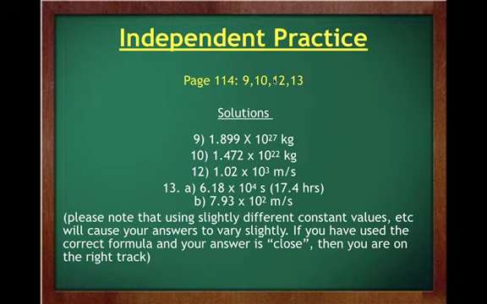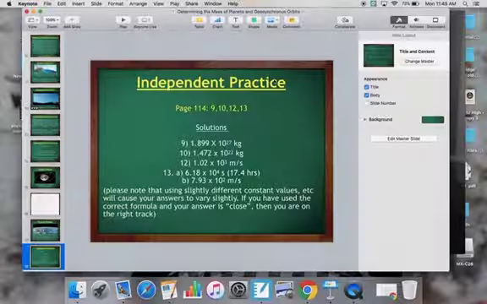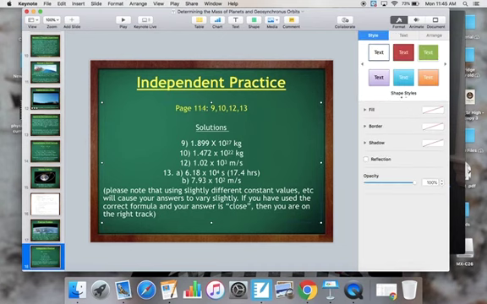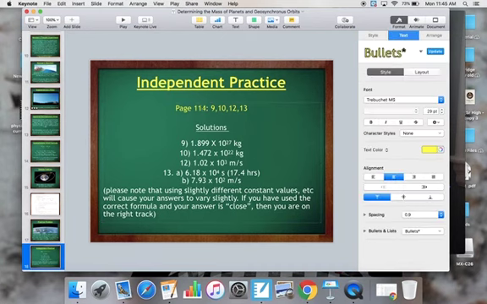Okay, so the actual questions that you want to look at here are from chapter 12 on universal gravitation, and the page number is 586 in your textbook.